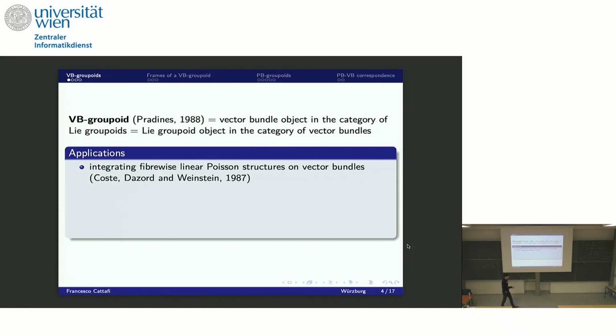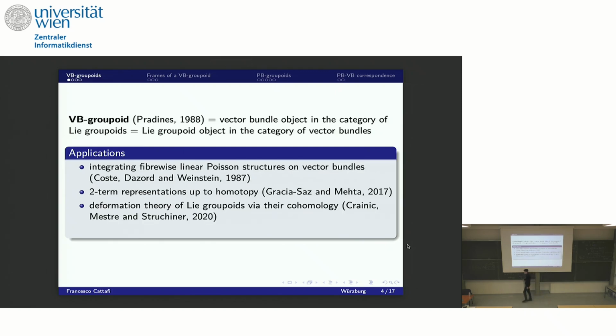Then even after that, in other areas of geometry, they found some nice applications of VB-groupoids. For example, one comes in representation theory, or better, in representation up to homotopy of Lie groupoids, where VB-groupoids come in useful. Another is in deformation theory, where people try to deform Lie groupoids, and in order to describe how this deformation is controlled, they needed some kind of VB-groupoid cohomology.